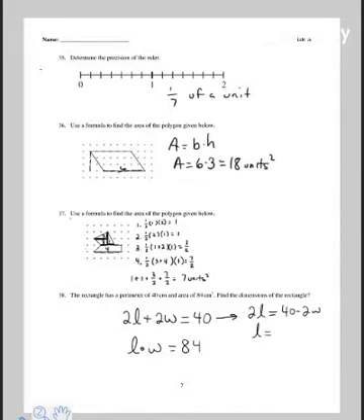Divide everything by 2 and you get L equals 20 minus W. So you can now take this quantity 20 minus W and substitute it in for that L. And instead of length times width equals 84, it's the quantity 20 minus W times W equals 84.